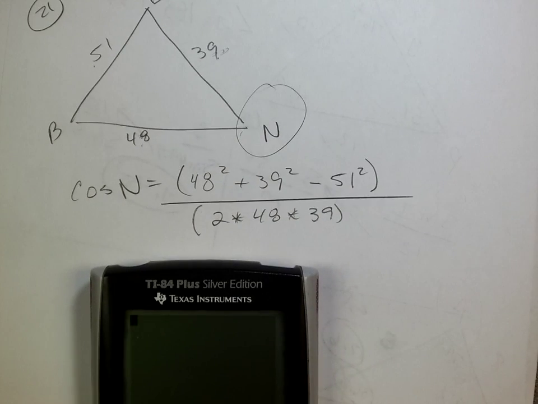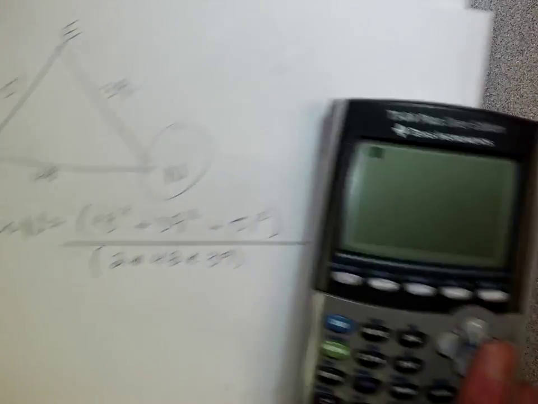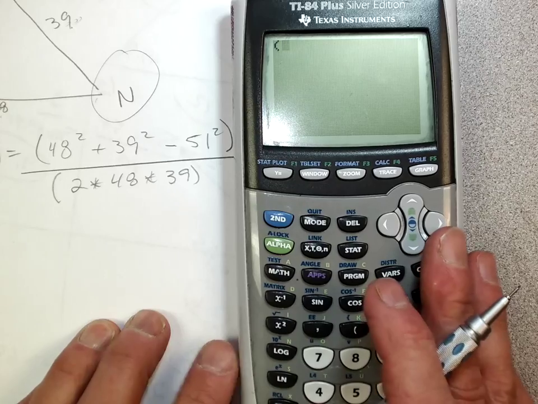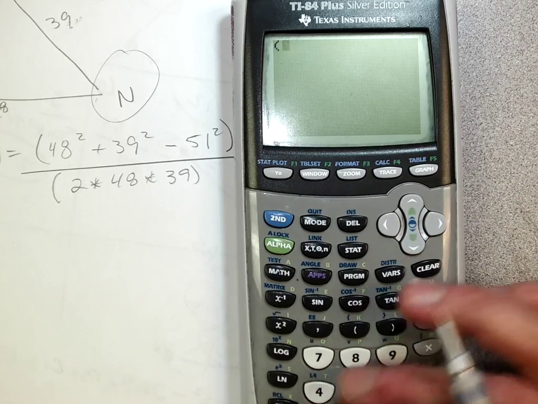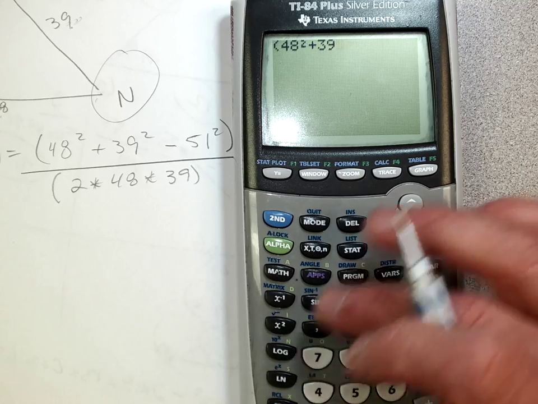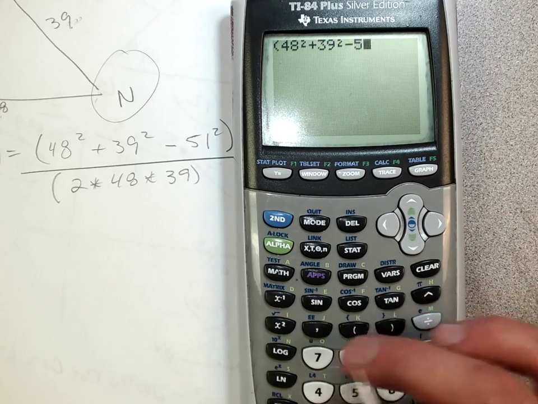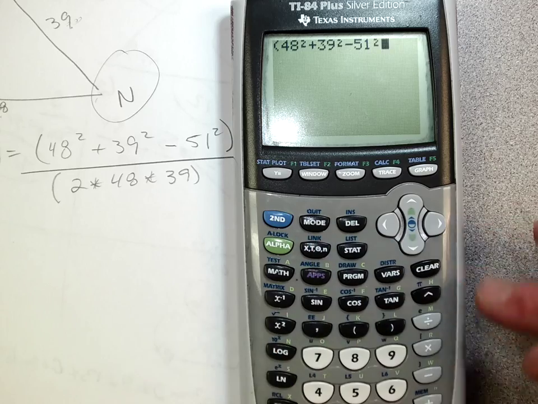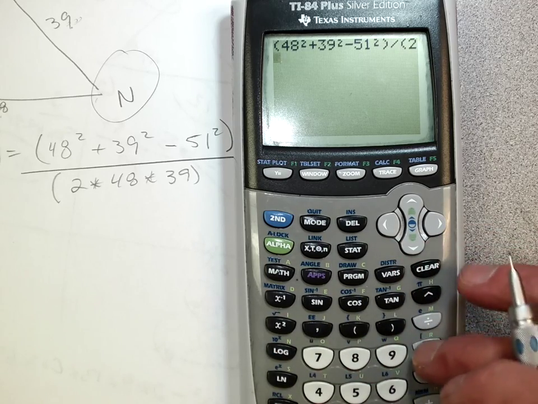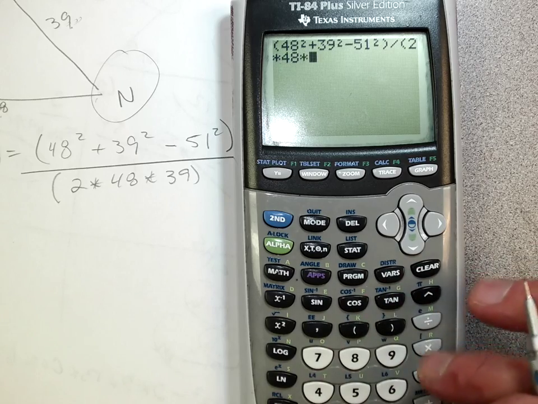All right, I'm going to go then parentheses. You have to use parentheses. Don't forget your parentheses. Here we go. So 48 squared plus 39 squared minus 51 squared divided by parentheses 2 times 48 times 39.